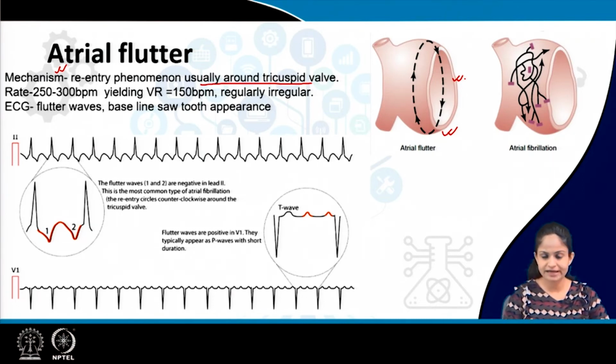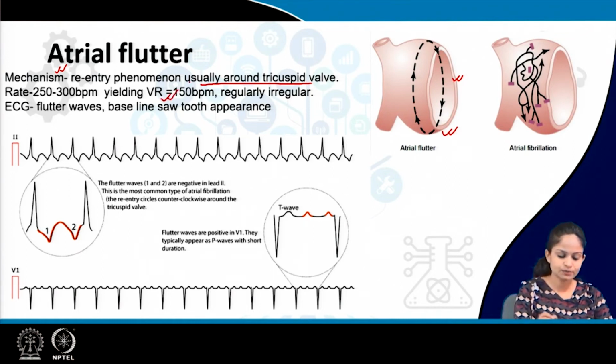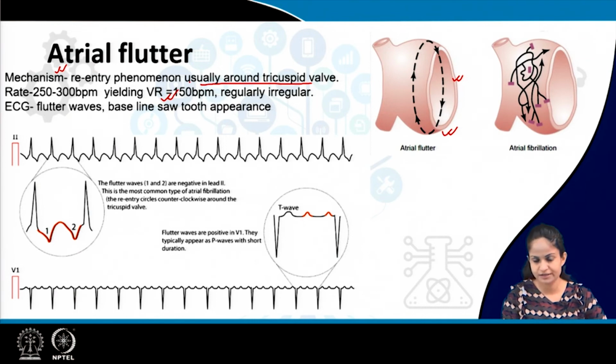Generally the atrial rate is usually 250 to 300 beats per minute. Since the atrial rate is around 300, the AV conduction is slow and will only impart 150 beats to the ventricles, so the ventricular rate will be 150 beats per minute, which is regularly irregular.